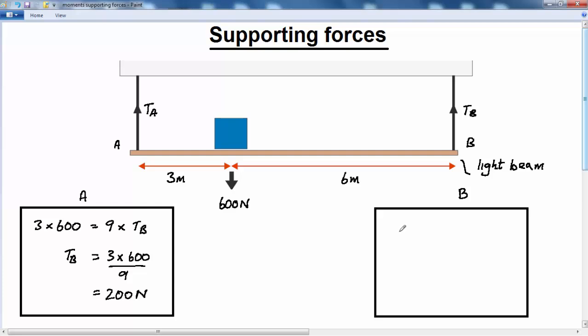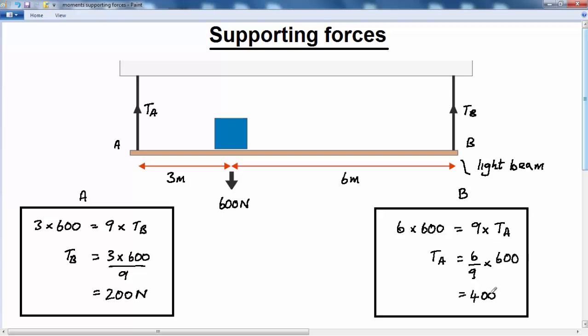So we've got 6 times 600, and that will be balanced by a clockwise moment produced by the tension TA acting at a distance of 3 plus 6 meters from the pivot point B. So that's equal to 9 times TA, which will give us TA is equal to 6 divided by 9 times 600, which is 400 newtons.